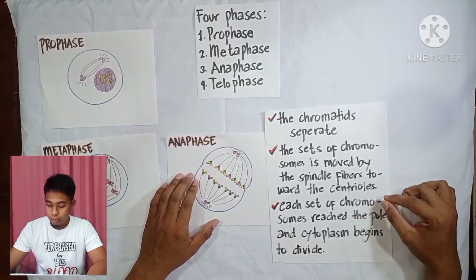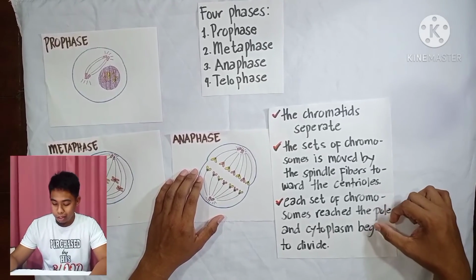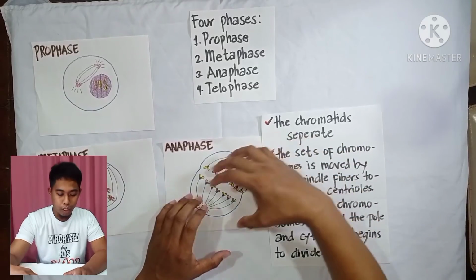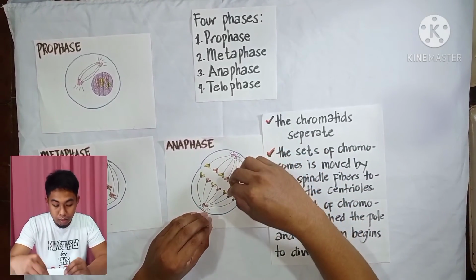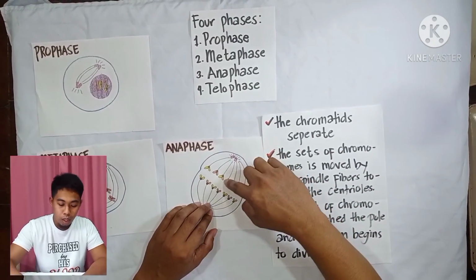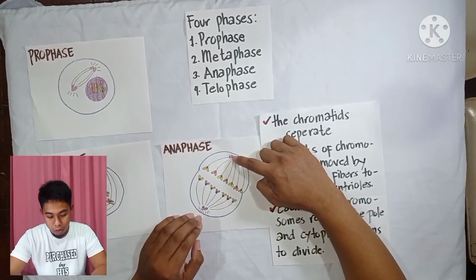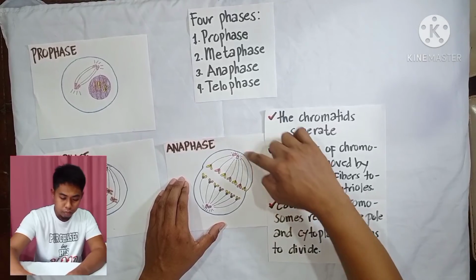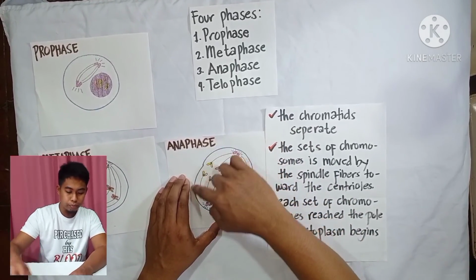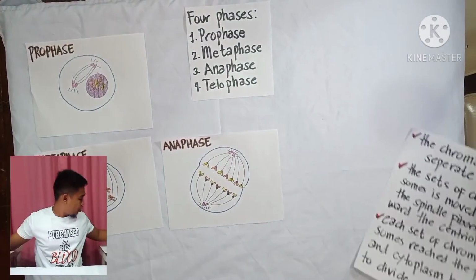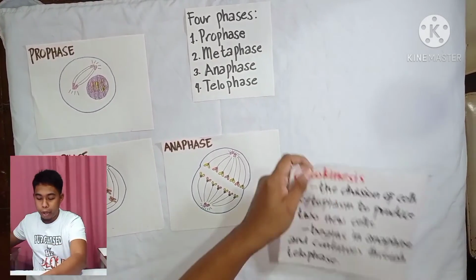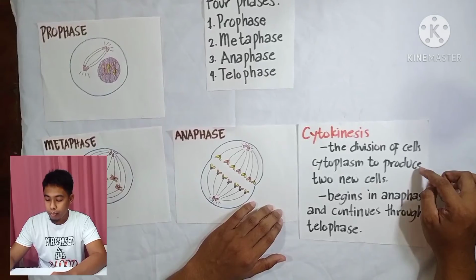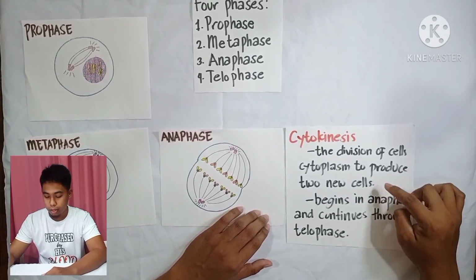Each set of chromosomes reaches the pole and the cytoplasm begins to divide. During anaphase, these chromatids reach the different poles of the cell, and the cytoplasm of the cell begins to divide. This is where cytokinesis appears. Cytokinesis is the division of the cell's cytoplasm to produce two new cells.